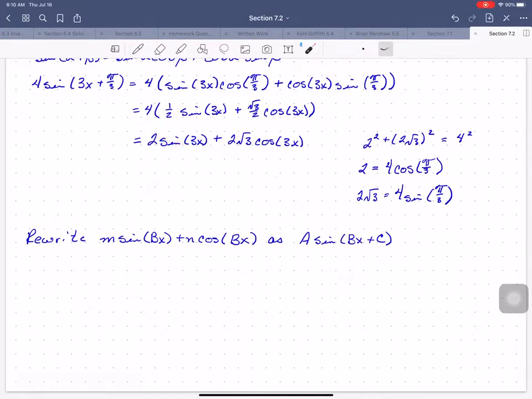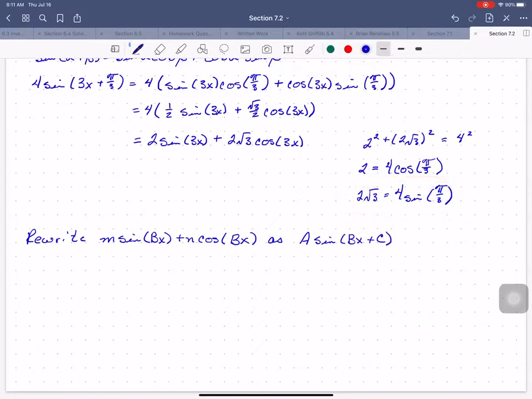Now, we actually went backwards in that last example. And so m turned out to be 2, n turned out to be 2 square root 3. Now I want to remind you where that m came from. That m came from 4, which is a, times the cosine of the second angle, the c. And that n came from 4, which is a, times the sine of the second angle, which is c.